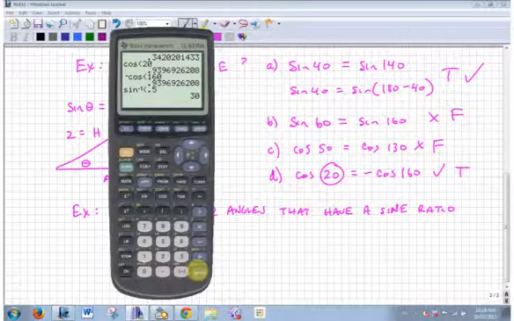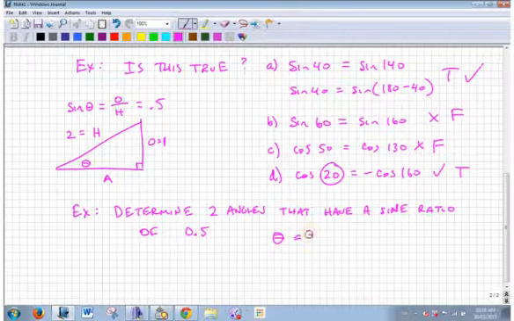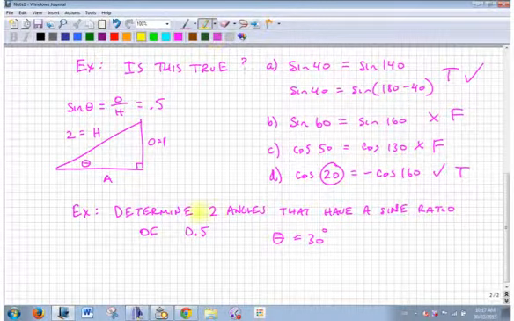That's one angle that has a sine ratio of 0.5. Okay? That shouldn't be like, whoa, I've never seen that before, right? You've all been through trigonometry in grade 10, and we've been doing this for a couple chapters now. But what's the other angle?